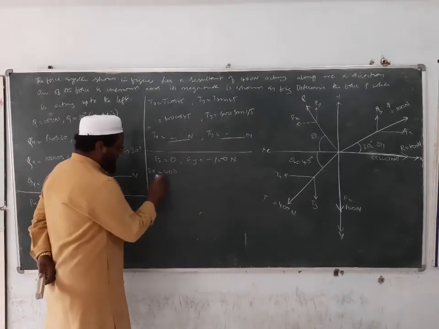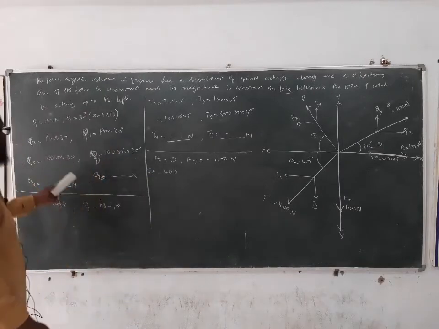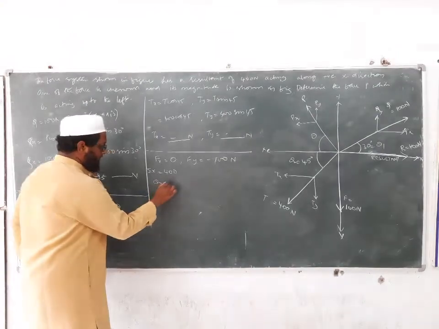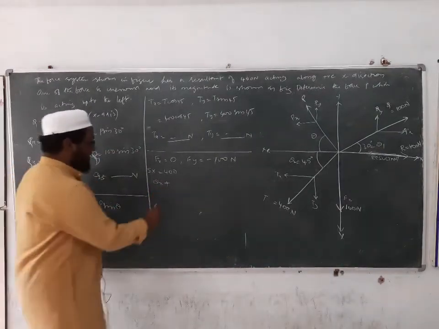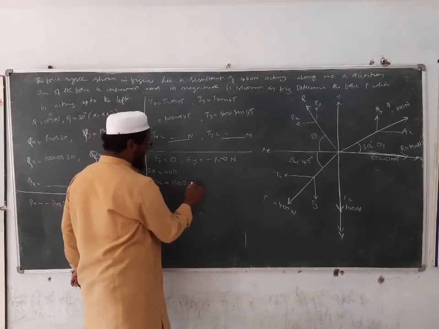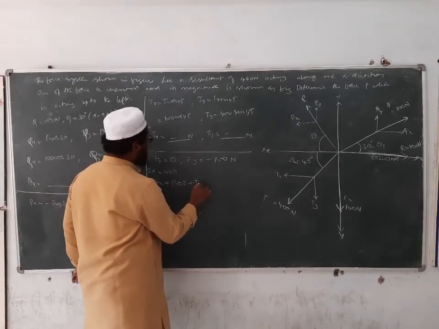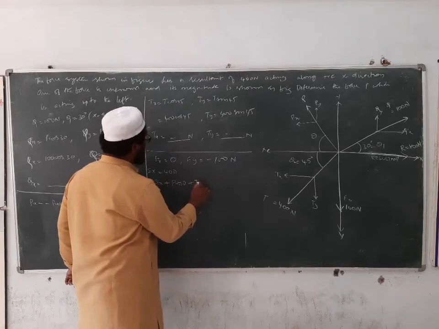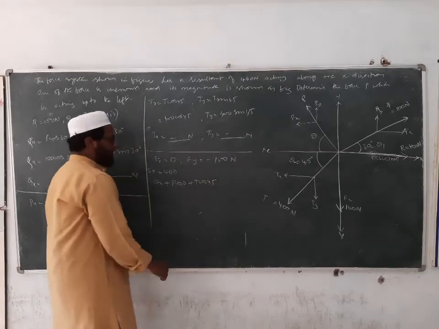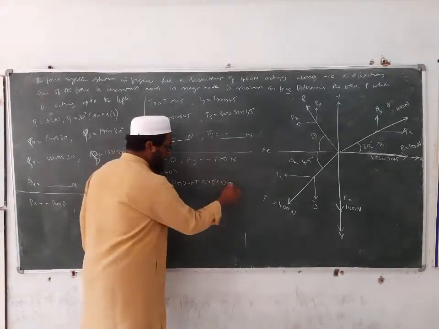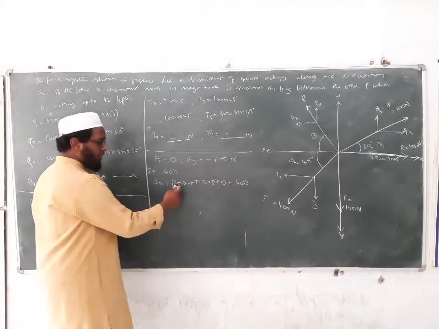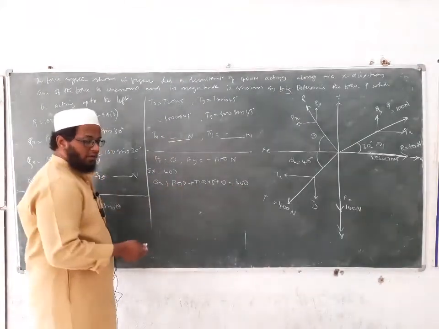So sigma x, we can take down the values: Qx, plus or minus P cos theta, whatever may be the values, then Tx is T cos 45, that is 400 cos 45, and Fx is 0, equal to 400. Once you resolve this, you will get the equation in terms of cos theta.